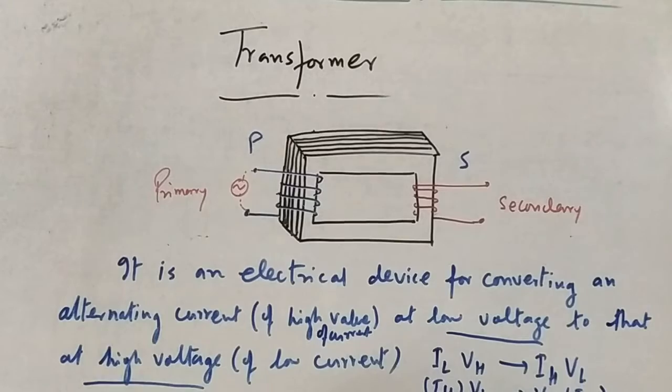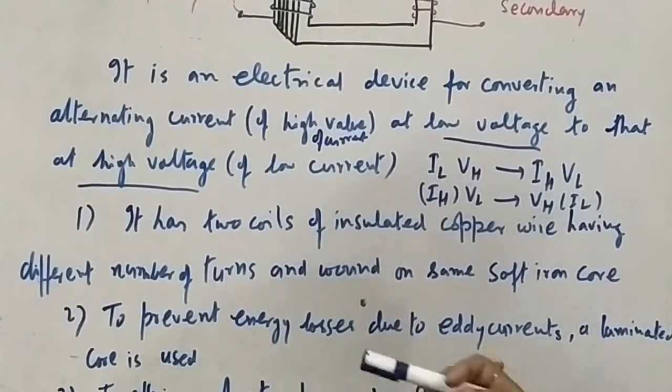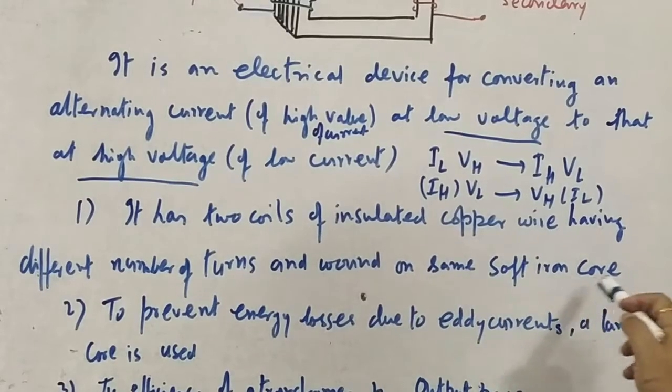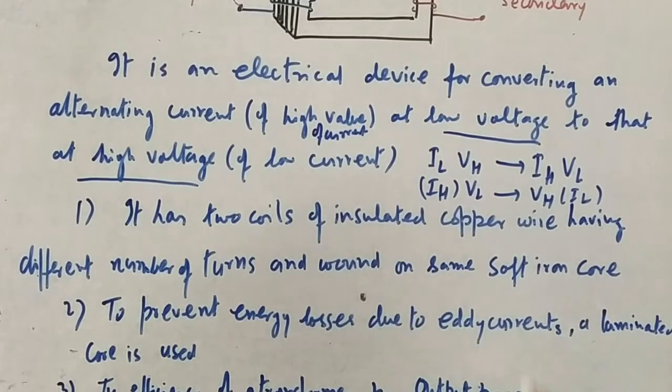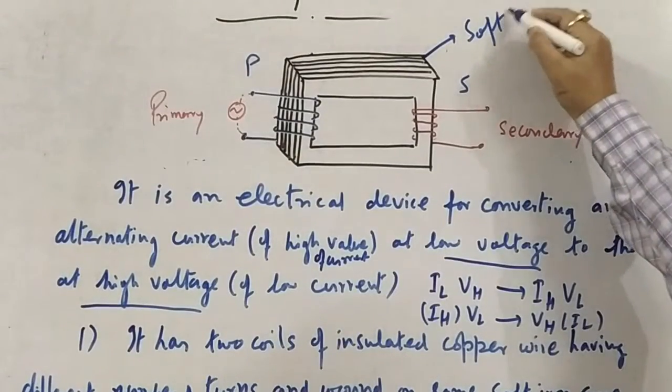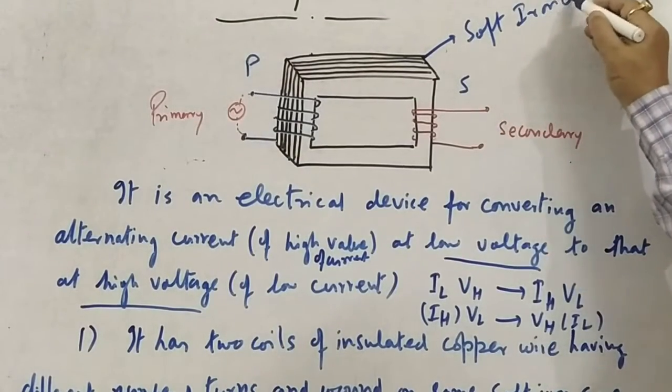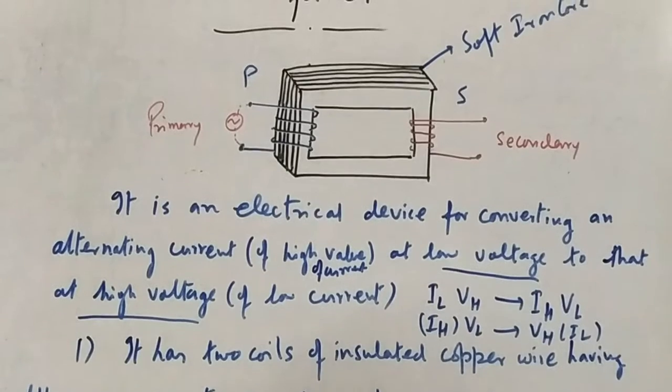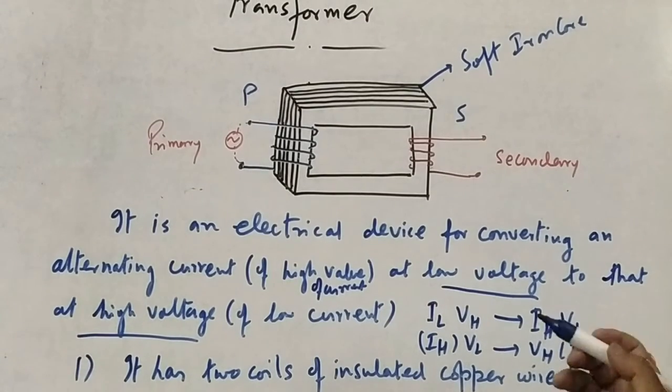You can never do this. But here it must have different number of turns and wound on the same soft iron core. आप देख रहे हैं, ये जो आपको दिख रहा है यहाँ पर, they are all soft iron core. और soft iron core में भी क्या होता है, हम लोग इसको laminated कर देते हैं.